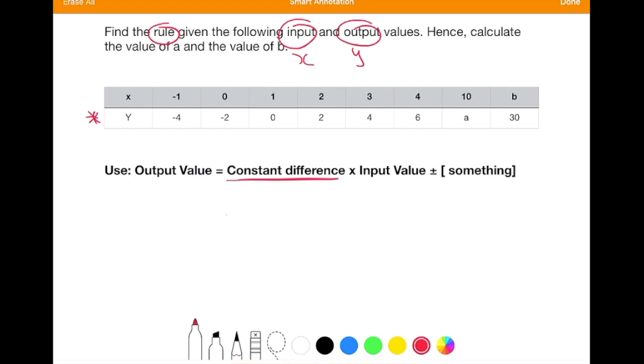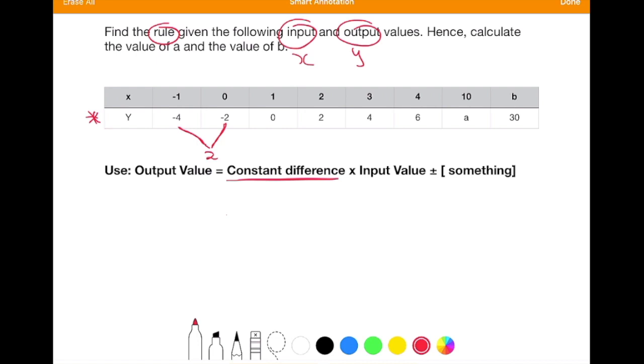Let's work out the difference. Remember, difference is a term, subtract the previous term. So in this case, it will be -2, subtract -4. And that should give you an answer of 2.